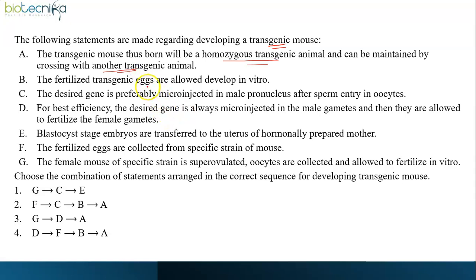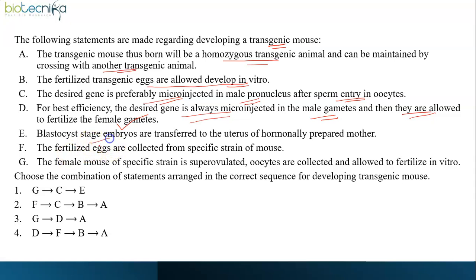Fertilized transgenic eggs are allowed to develop under in vitro condition. The desired gene is preferably micro-injected into the male pronucleus after the sperm entry in the oocytes. For best efficiency, the desired gene is always micro-injected in the male gametes and then they are allowed to fertilize the female gametes.